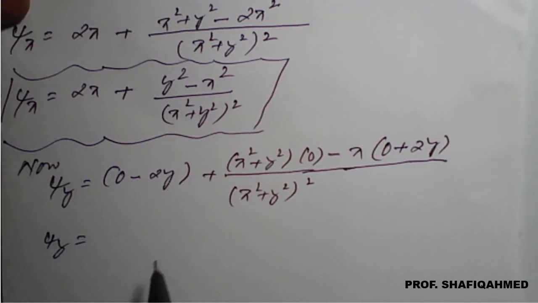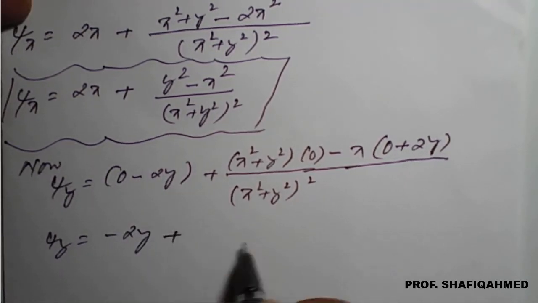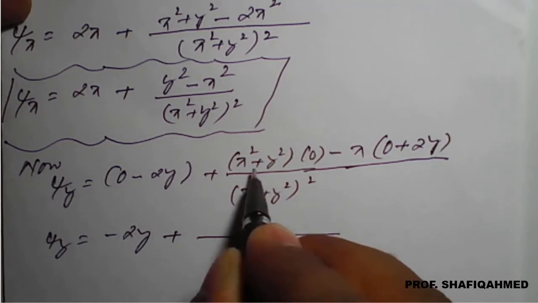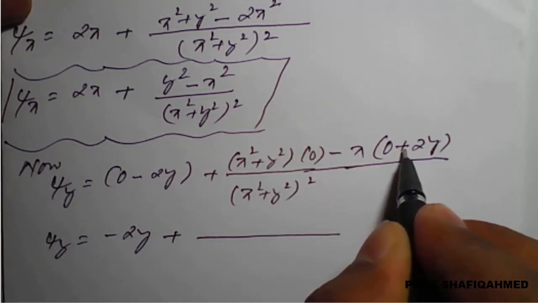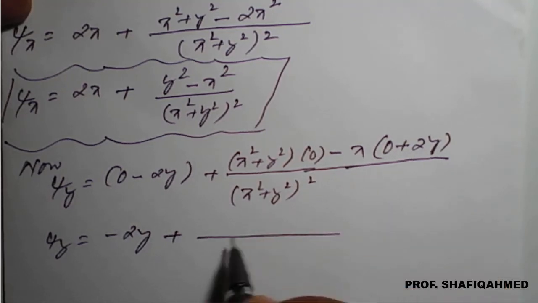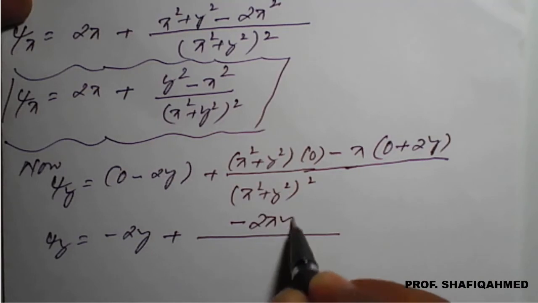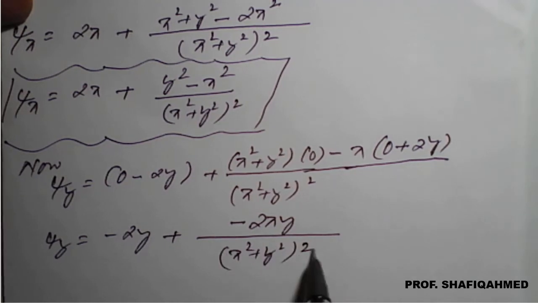psi of y is equal to minus 2y plus, so this 0 into this entire will be 0, so minus x into 0 plus 2y is 2y into this x, so minus sign, so 2xy will come here, divided by x square plus y square whole square.